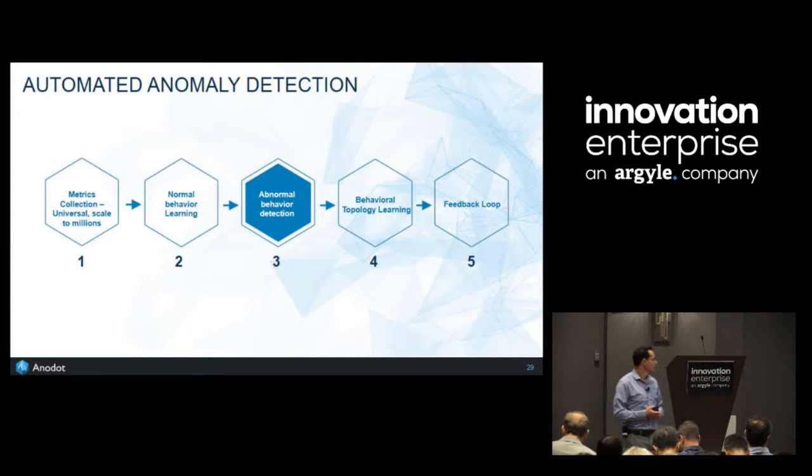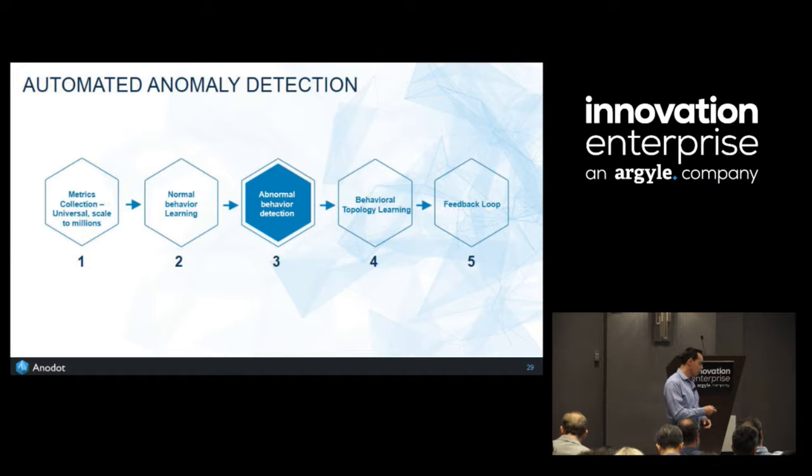So next, abnormal behavior learning. Abnormal behavior learning is about reduction of noise. Any system that you use for anomaly detection will have a lot of anomalies. Now, it doesn't mean that all the anomalies are important. Some of them will be less important, some of them more important, and you want a system with the ability to score and focus you only on the important anomalies.